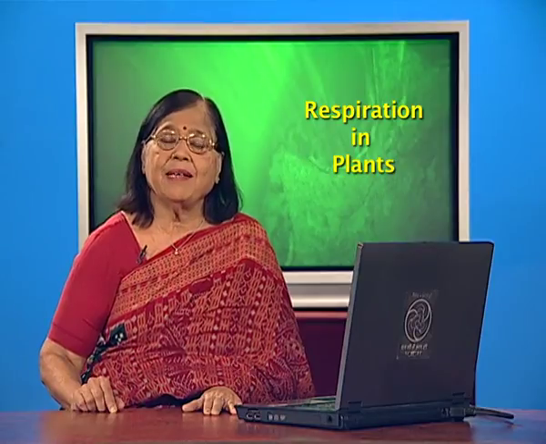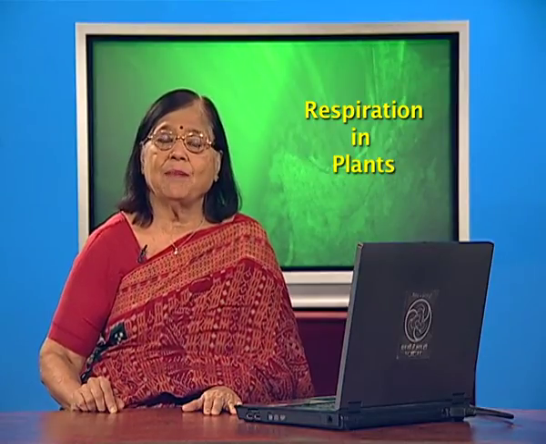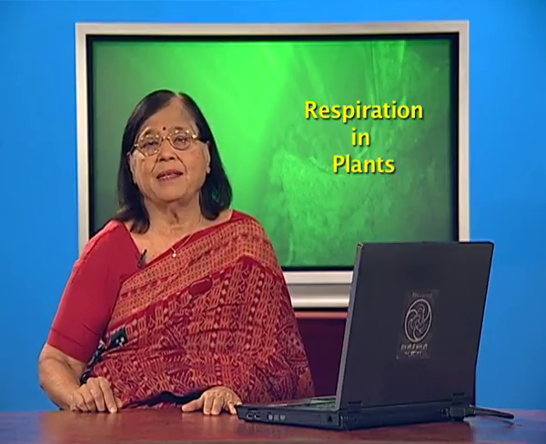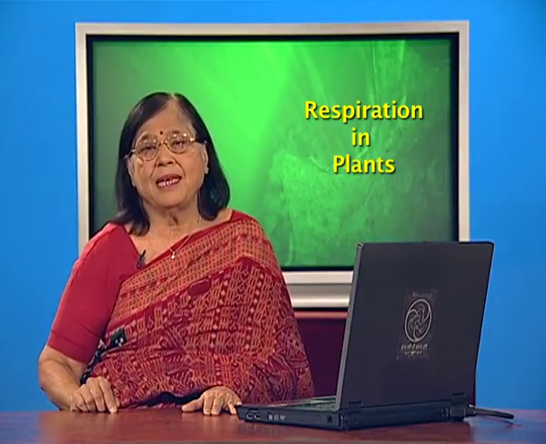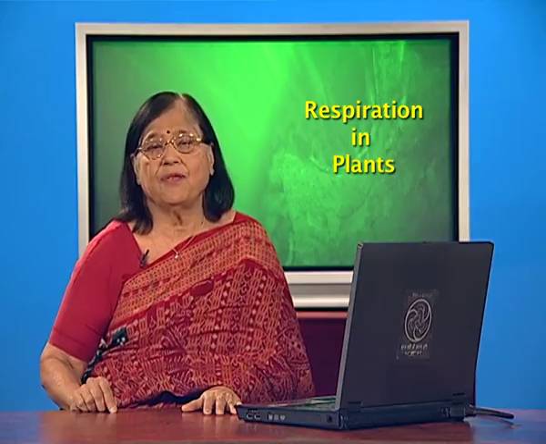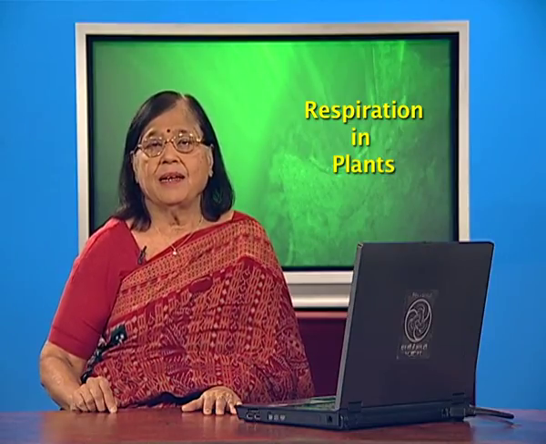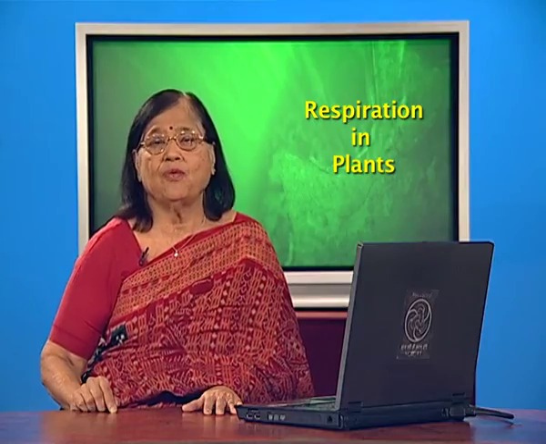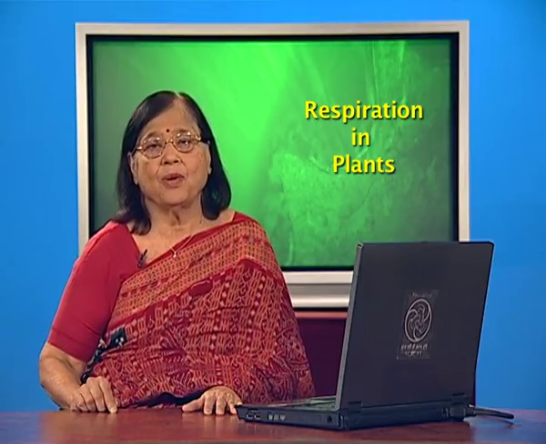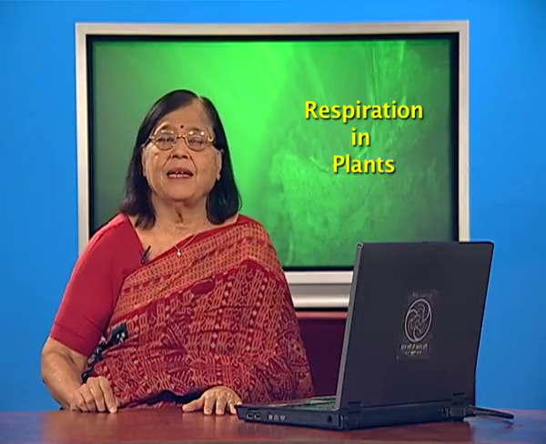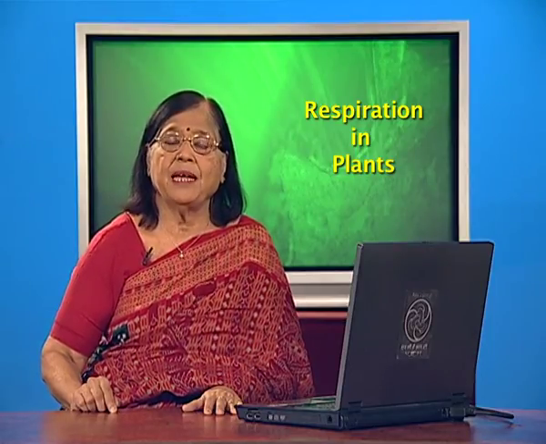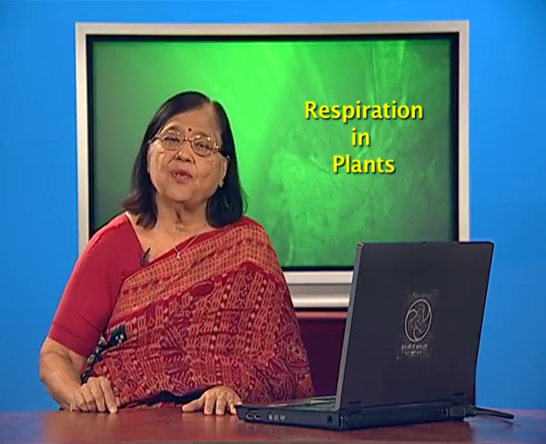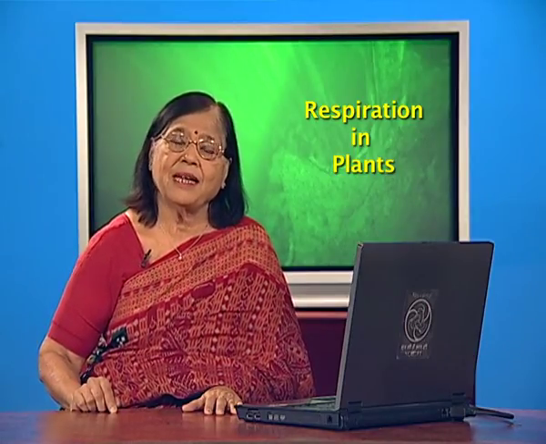So, plant is much more complex, much more modified, much more advanced compared to any other living body, because each cell is capable of running its own life, having oxygen, its own food and its own energy. It is not that energy is synthesized at one point and goes to all the other points. And in plants, the food can also move in all directions.